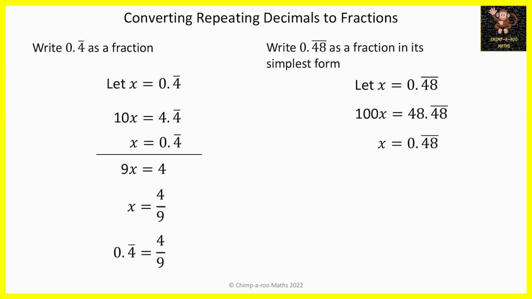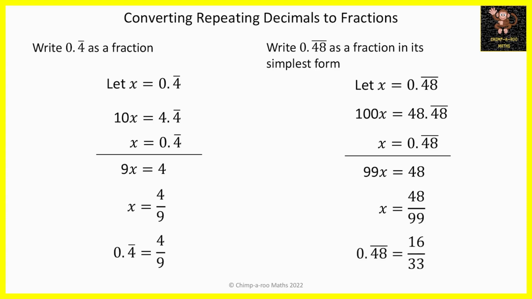Again, we can subtract x from this one, which leaves us 99x equals 48. So if we divide both sides by 99, x will equal 48 over 99. Now that can be simplified as 48 and 99 are both divisible by 3. So that gives us 16 over 33.